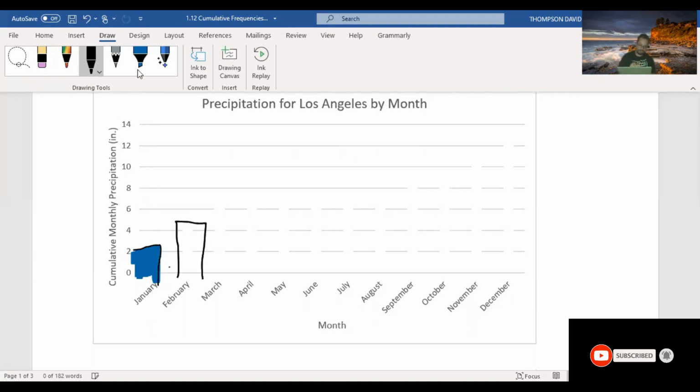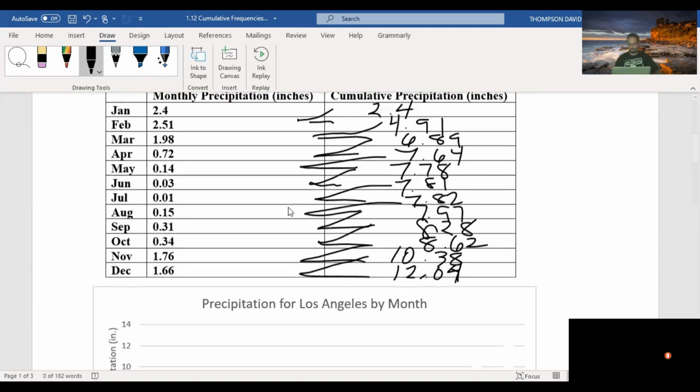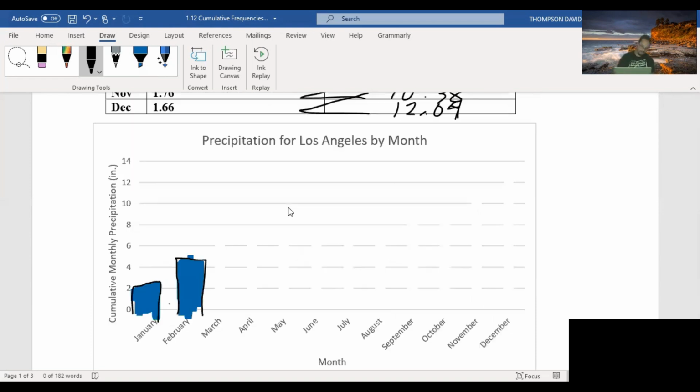And we fill it in. And then for March, we're going to go up to 6.89. Try to do your best not to touch. And we fill it in.